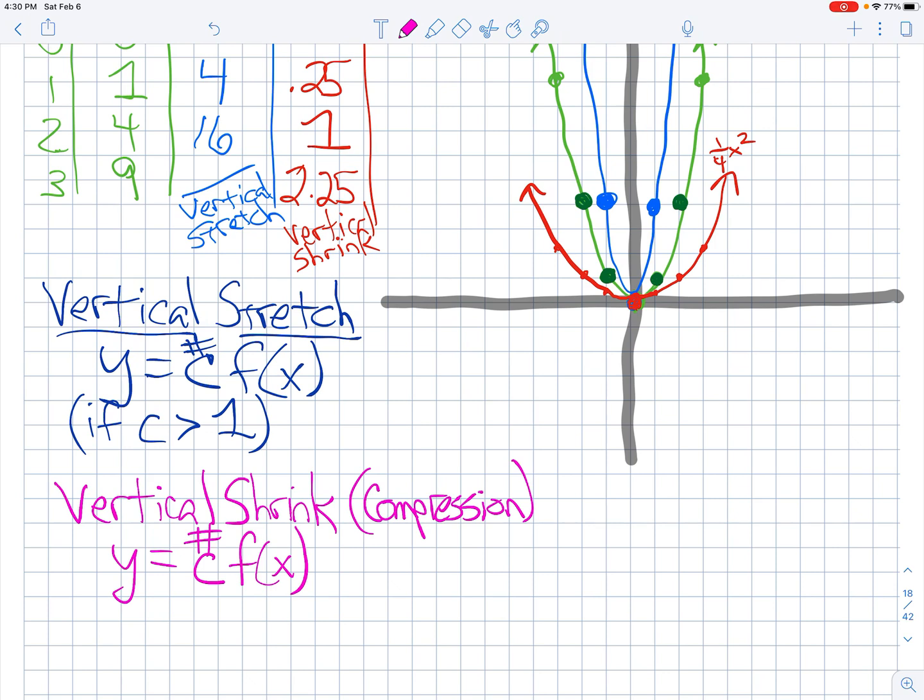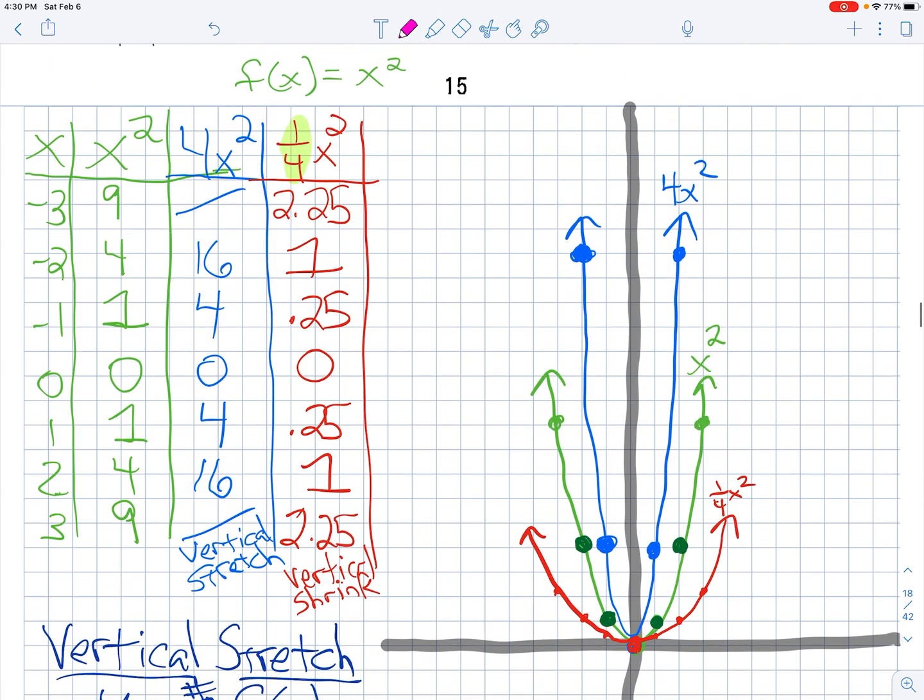Once again, with a vertical shrink, those y values get closer to the x-axis than the y values of the original function, with the corresponding x's. Like I was saying, 2, 4 is a point on x squared, and then 2, 1 was the point on 1/4 x squared. So with that same x, the y value on 1/4 x squared is closer to the x-axis than the original graph, the original function.